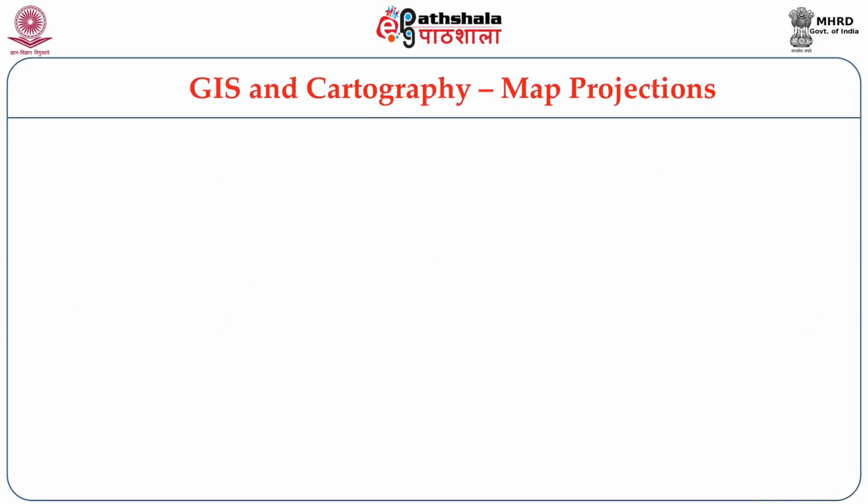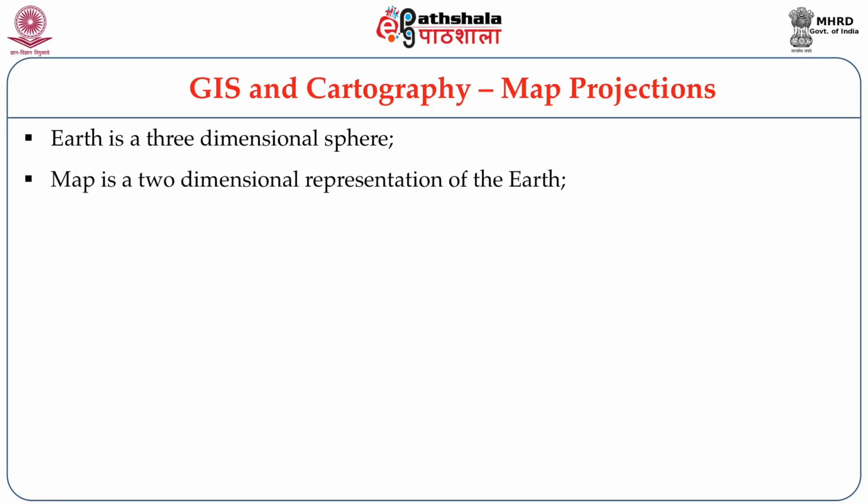In GIS work, one of the important concepts is map projections. The Earth is basically a three-dimensional sphere, whereas a map is a two-dimensional representation of the Earth.